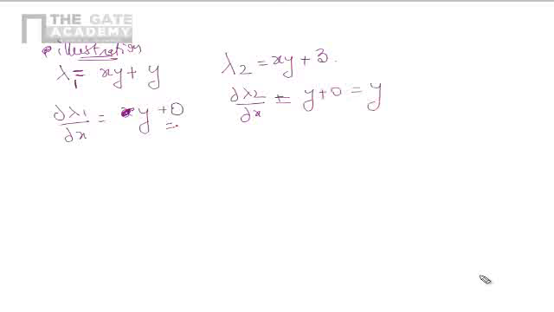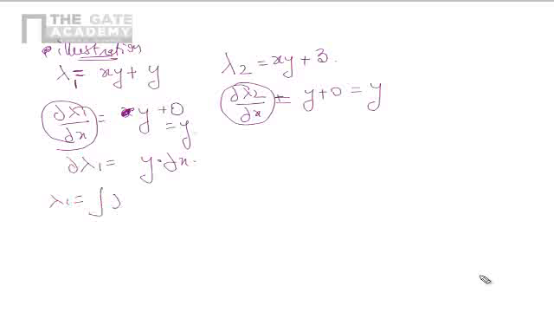This is also y. Now, if I have to find what is lambda by looking into this, how will you find? Dou lambda 1 is nothing but y dou x. So lambda 1 is nothing but integral of dou lambda 1. This is nothing but integral of y dou x.